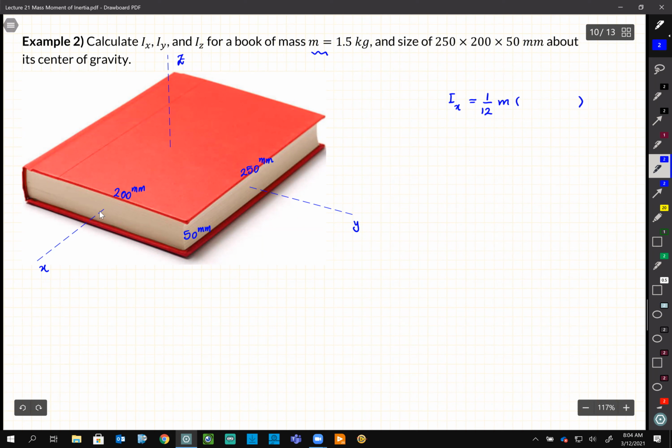In order to avoid confusion, usually I look at it like this: the axis is normal to this plane, which is 50 by 200. And we need to be careful about the units. So it is 0.2 squared plus 0.05 squared, and m is 1.5 kilogram.